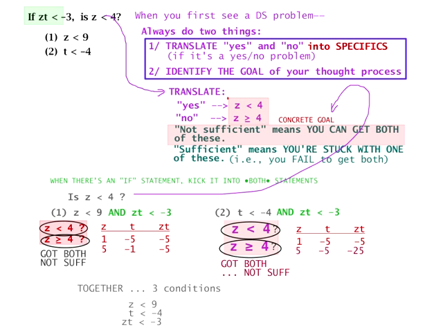But if you look at this, we actually don't have to do any more work, because these 3 conditions, perhaps by accident, are all satisfied here. In both of these statements, z is less than 9, and we know the other 2 are also satisfied because they were there to start with.